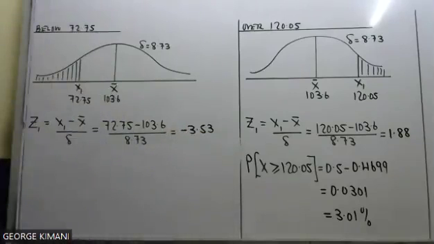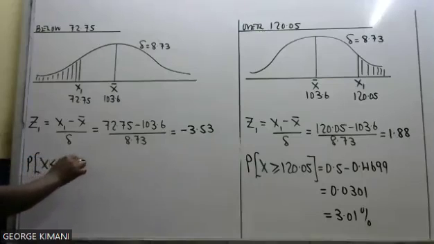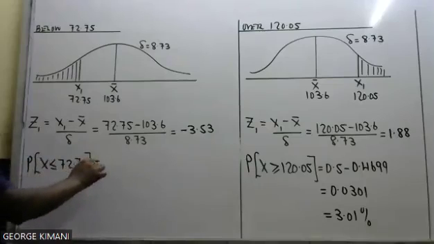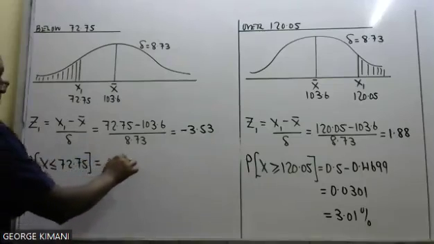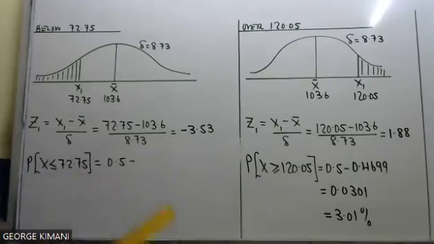So from the tables, the probability that x is less than or equal to 72.75 will be 0.5 minus. Remember, we have been saying this is the probability from here 103 to 72. So we subtract what we read.